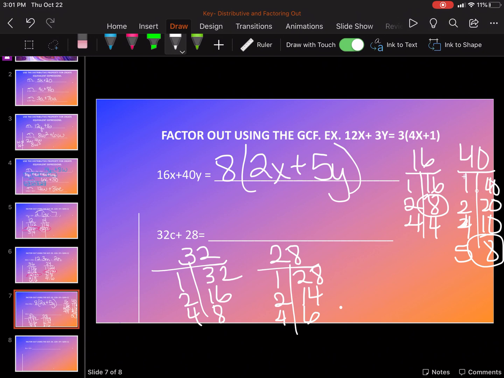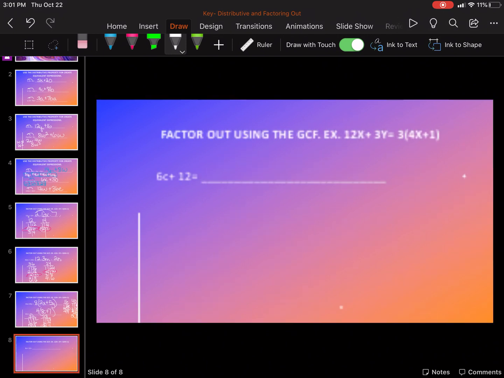No. 4 and 7. Okay, so our GCF is 4. 4 comes on the outside. 8c plus 7. 4 times 8 gets us 32. 4 times 7 gets us 28. And don't forget the c.